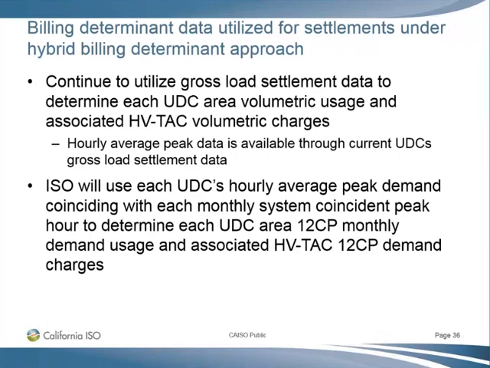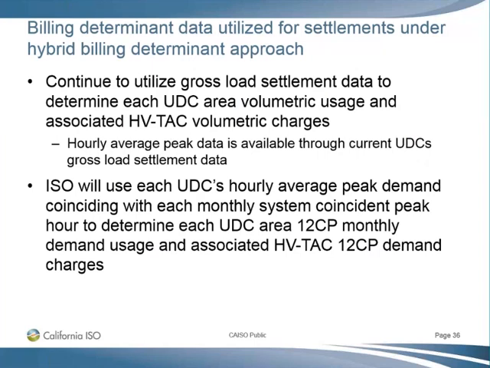So what kind of data are we going to utilize for settlements under this proposal? We continue to believe that the utilization of gross load settlement data is going to be appropriate to determine the volumetric usage, as well as the hourly average peak demand use for the 12 CP observation of each UDC area's demand use.